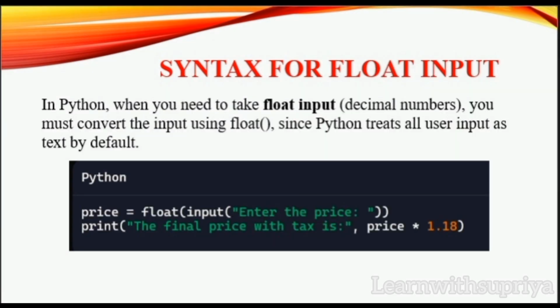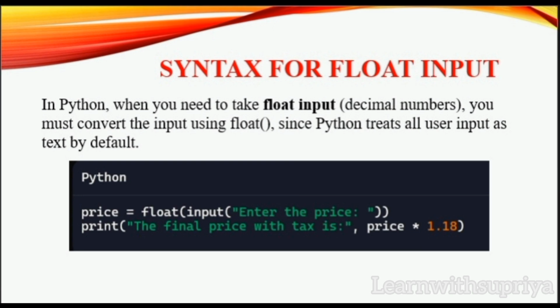Next, the syntax for float input. When you are taking float input in Python, you need to convert the user response using the float function, because Python treats all input as text by default, as we already discussed. Imagine you are asking someone for the price of an item. They might type 99.50, but Python sees it as a word, not a number.